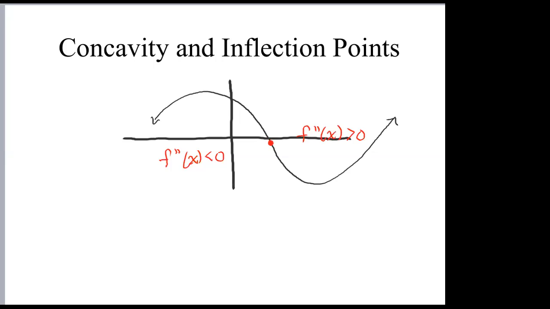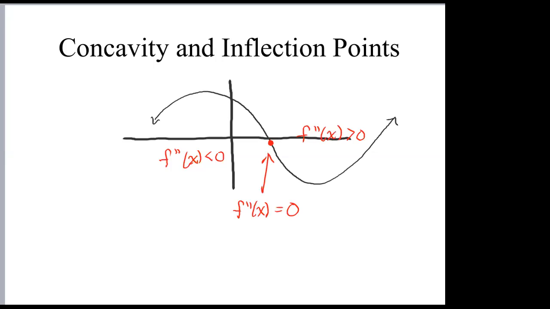So it looks like at this point, the graph changes from being downwardly curved to upwardly curved. This is the location, as you can probably imagine, where that second derivative, f prime prime of x, is equal to 0.